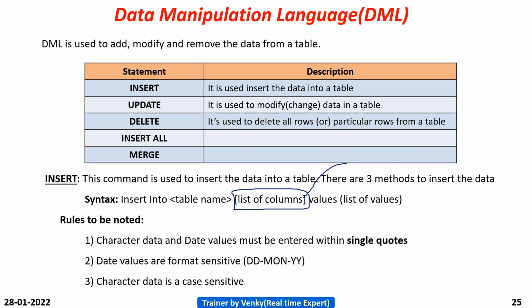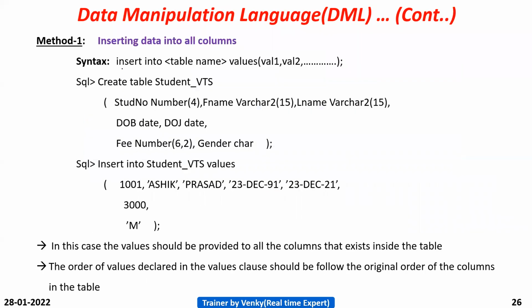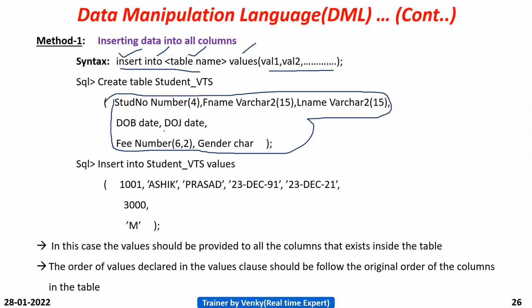So when you are inserting data into all columns, this is the syntax: insert into table name values, and however many columns there are, that many values you have to specify, and the order should match the original order of the columns of the table.